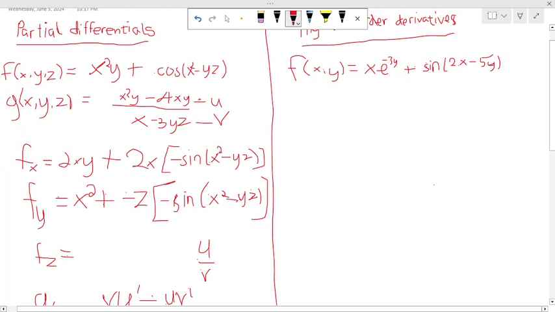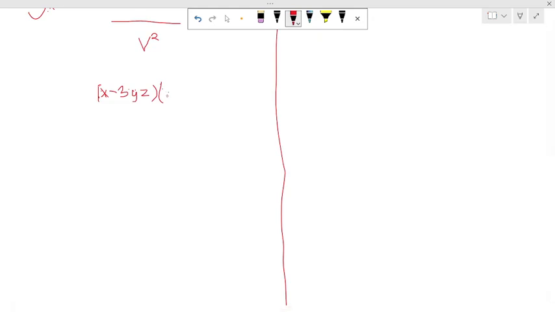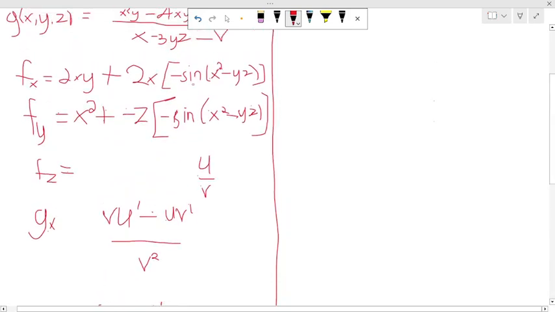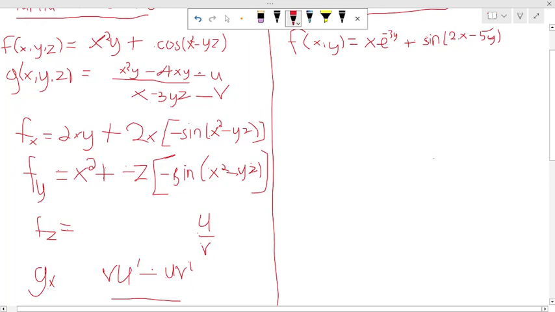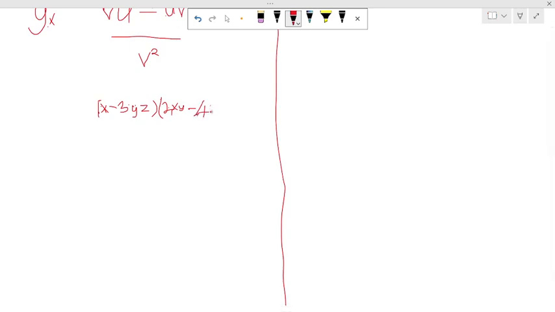Therefore, differentiating the u expression, that is x squared y minus 4xy, differentiating x squared y with respect to x is going to give us 2xy. Now differentiating negative 4xy is going to give us negative 4y. That is v u prime.